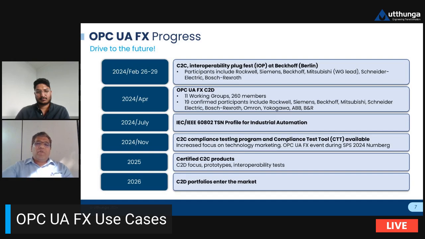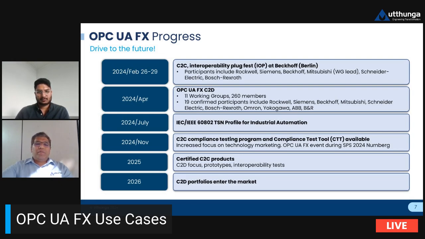But then the profile on how a TSN specific network infrastructure can be adapted and used for industrial automation, the TSN profile, has been standardized for use in the industrial automation space, and that automatically becomes the basis for the OPC UA FX TSN profile as well.